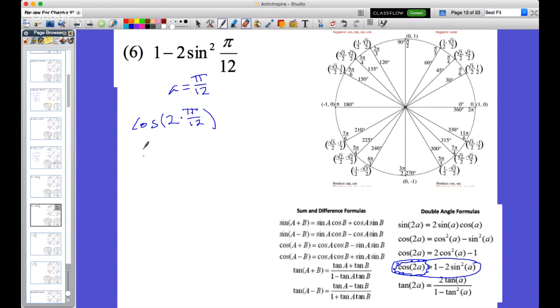Well, how do we evaluate this? First off, we're going to have 2 pi over 12. Now, the question we have to ask ourselves, can it simplify? And in fact, it does. It simplifies to pi over 6. So we're then looking at where the angle is at pi over 6. And after we find that angle, what's the cosine? It's just root 3 over 2.